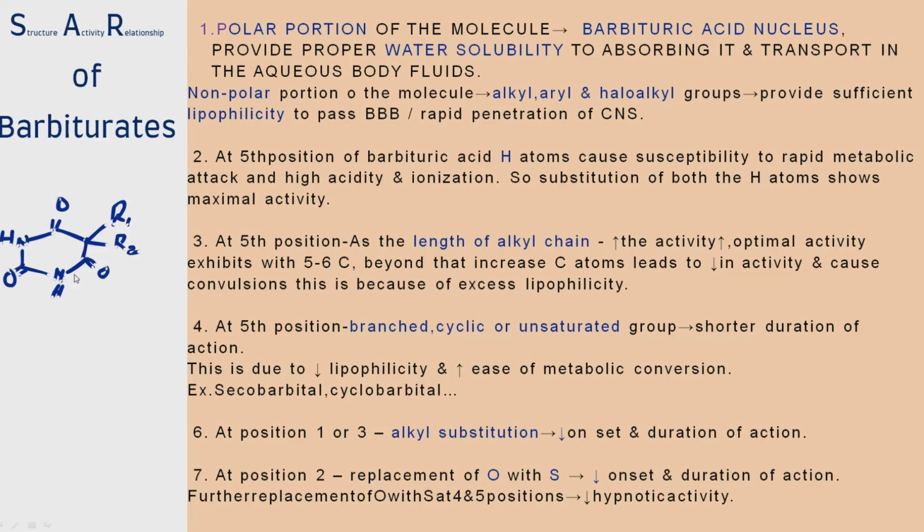Water solubility helps in the solubility in water and absorption in the stomach and intestine, and distribution in the body in aqueous media. And this lipid solubility provided by these alkyl groups helps in the passage through the biological membranes and also passage across the blood-brain barrier.